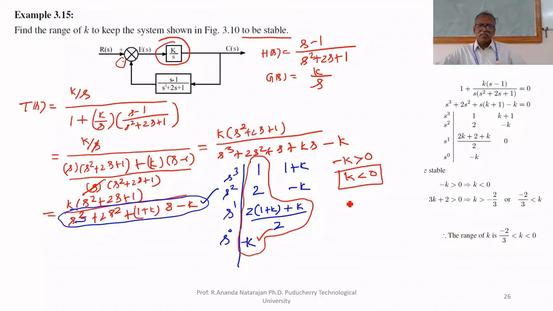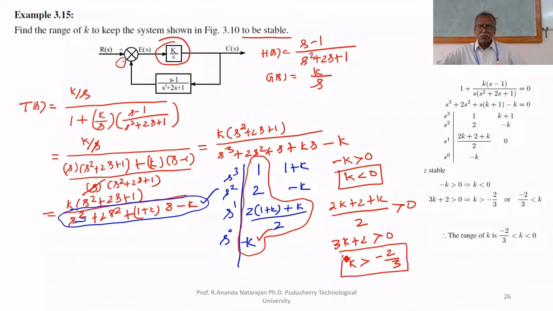If you consider this, (2k + 2 + k)/2 must be greater than 0, or 3k + 2 must be greater than 0, or k must be greater than -2/3. So the value lies in between 0 and -2/3.